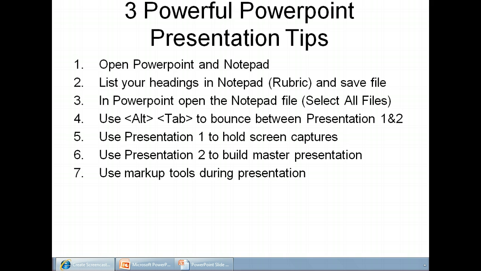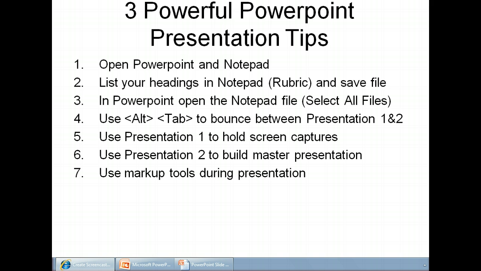Then from within PowerPoint, we're going to open the Notepad file that we saved. Then we're going to select all files from the very bottom of the screen. And then as we work, we're going to work between 2 PowerPoint presentation files.